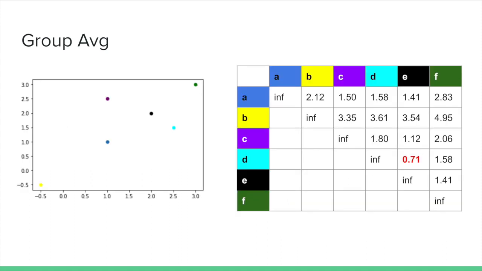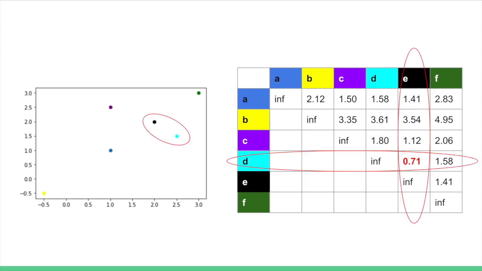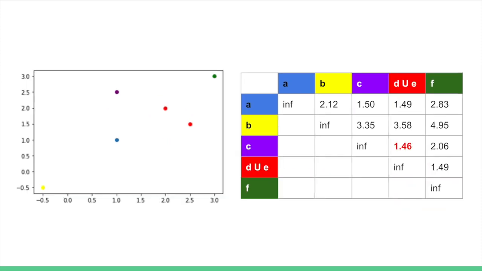Here is the same data set that we've been using as our example. In the first step, once again, D and E are the closest in terms of Euclidean distance, so we cluster them together and create this cluster. Next up, we have the closest distances between the cluster D and E and C.